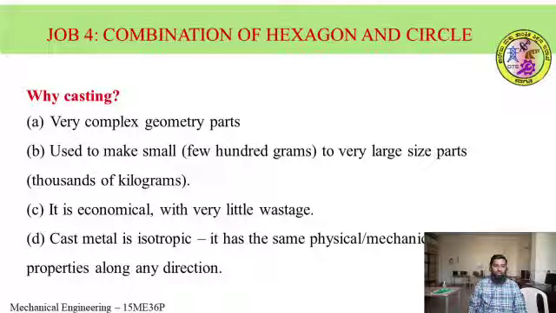It is very economical with very little wastage. Casting metal is isotropic in nature, that means it has the same physical or mechanical properties along any direction.